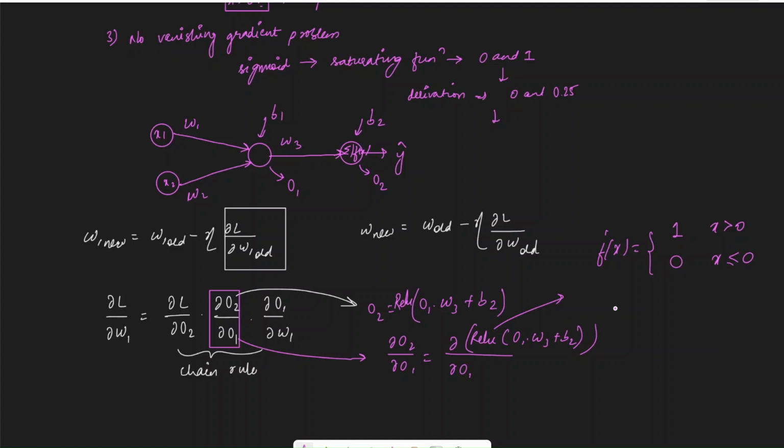So when we are considering this positive scenario, this will always be 1 no matter what value of x is in the positive region. Because it is always 1, we do not have a vanishing gradient problem. Whereas in the case of the sigmoid function, the derivative was between 0 and 0.25. Because it was a very small value, when we were multiplying these very small values multiple times in a deep neural network, this was causing the vanishing gradient problem.